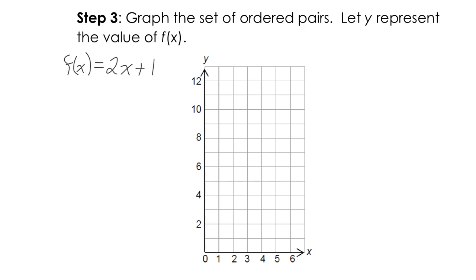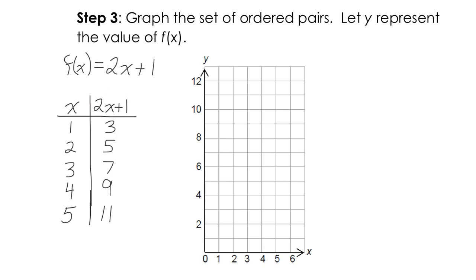I'm going to make a table of values, and I can choose whatever x values I want. I'm just choosing 1, 2, 3, 4, and 5. For each different input, I can calculate what the output would be using the rule of the function, 2x plus 1. And I would get these values as my output values.